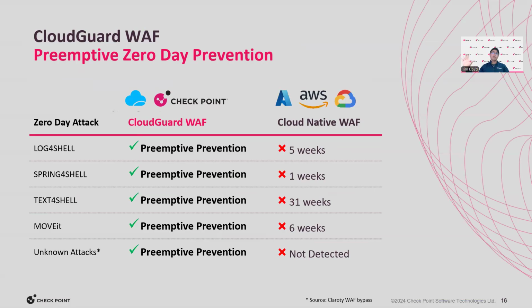And you can see on the far right how long it took for cloud native tools to catch up, to develop signatures, to deploy to their WAF, to protect against these malicious vulnerabilities, right? Log4Shell was a CVE10. We were blocking it day one when it was born. It took 5 weeks to get an IPS signature for these other cloud native tools.